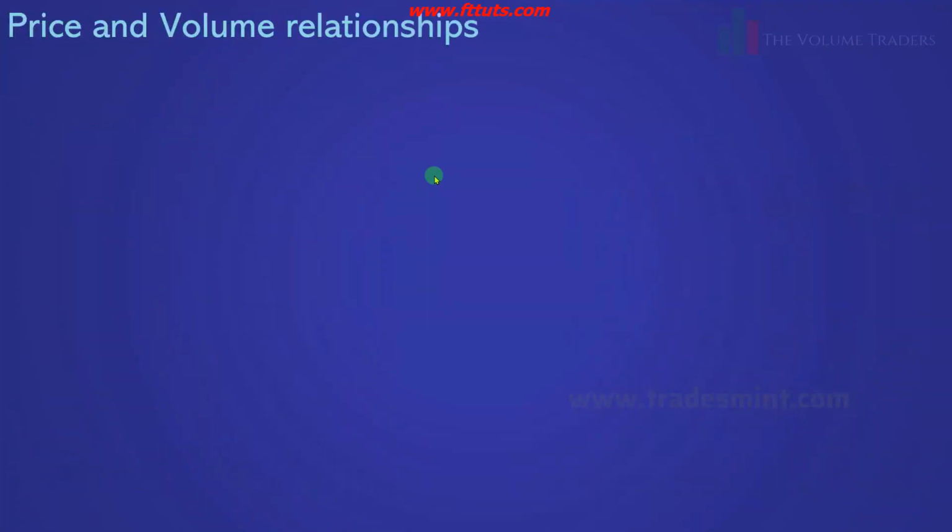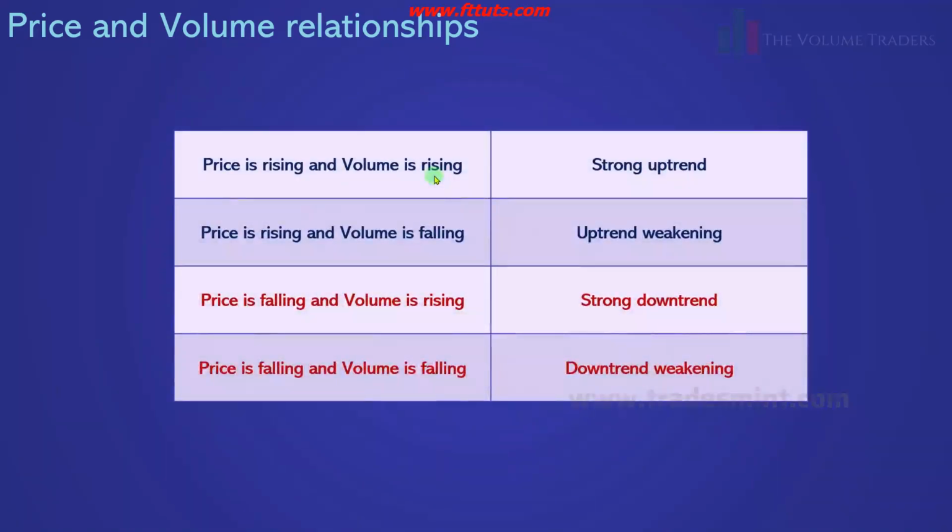And the last thing about the market, which in my opinion is good to know, the price and volume relationships. It is the table which gives me the truth. I'm focused on the second and the last one.